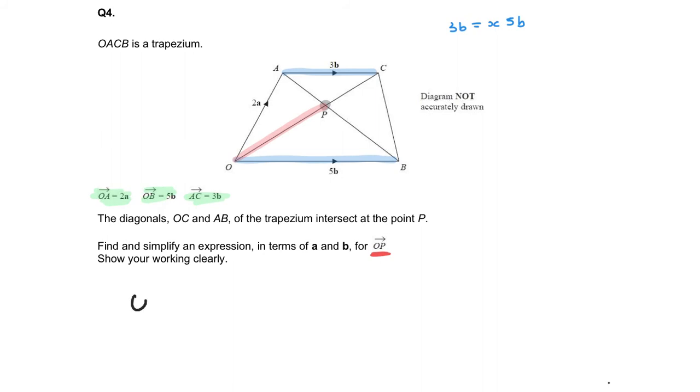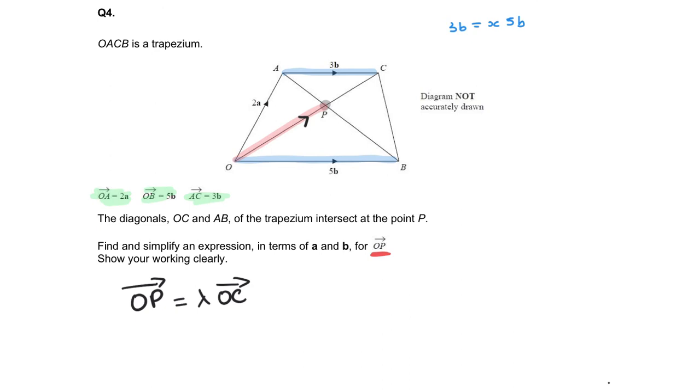However, O to P is something, so we say lambda, something times O to C, is it not? Because this is a proportion of the line O to C, yeah? Okay, so guys, that's one way to get there.